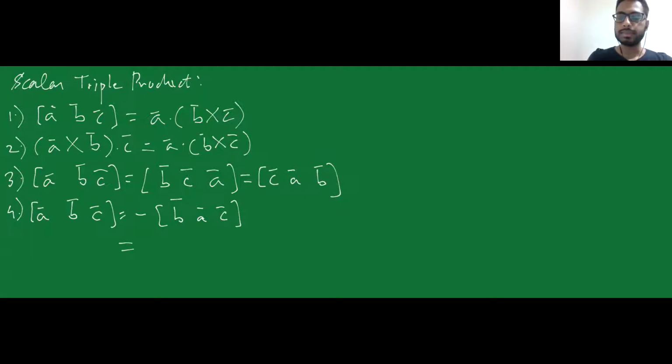Similarly, ABC is equal to minus of ACB if I keep A constant and interchange the values of B and C. So if I keep one of the terms the same and the other two are interchanged, then there's going to be a difference of minus sign.